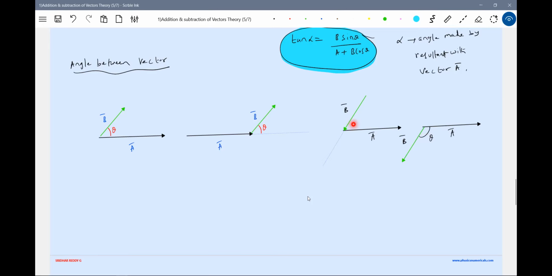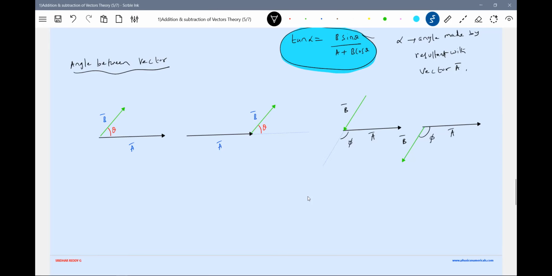This is not the angle between vectors. This will become the angle between vectors. So this theta, if it is given like this, will become the angle between vectors. I took theta as some other angle, so I'll write it so that confusion will not be there.